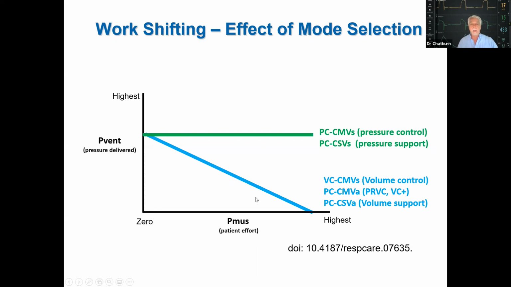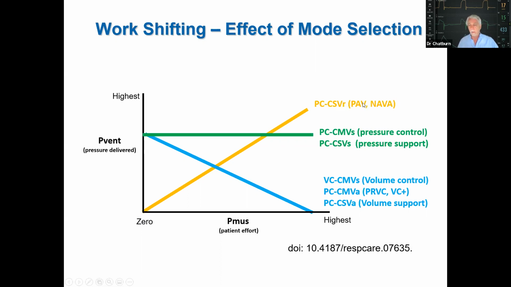So now if we have a line going down and a line going across, you can imagine what comes next, right? A line going up. What this indicates is that as the patient muscle pressure or the patient inspiratory effort increases, the ventilator increases its pressure output and its work output. What modes do that? Well, pressure control with adaptive target or with servo targeting.